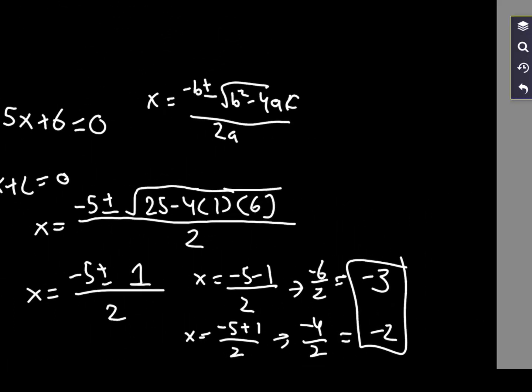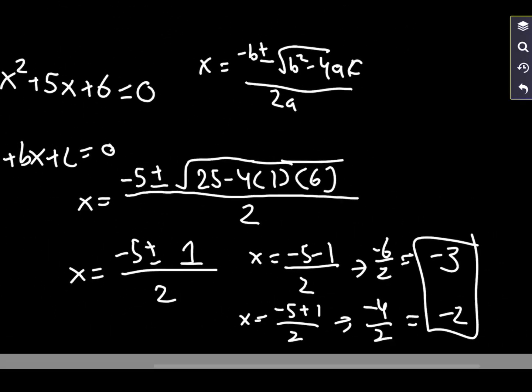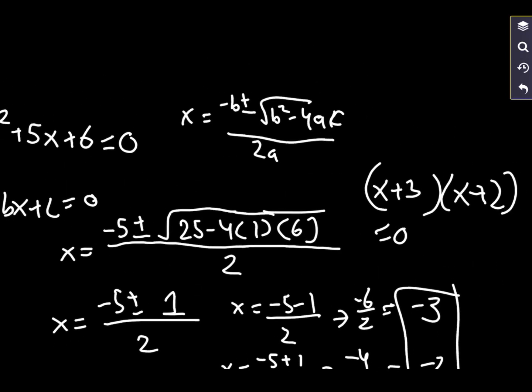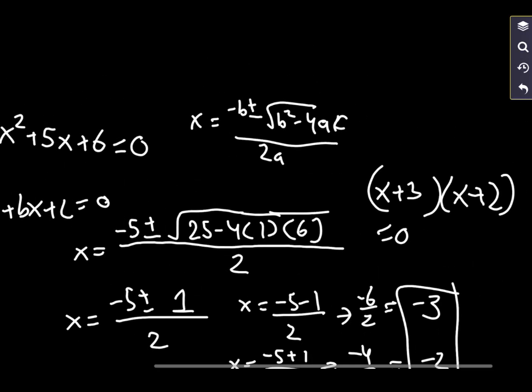And you might be wondering, why couldn't we just factor this? Why couldn't you factor it into x plus 3, x plus 2 equals 0, and then just solve for x this way? Well, the reason why we use the quadratic formula is some problems aren't going to be that nice to us. Some problems you're not going to be able to factor.